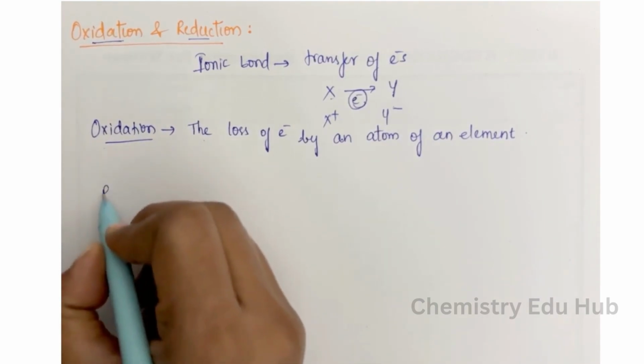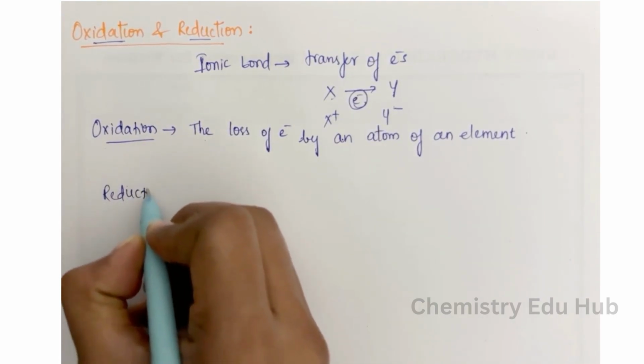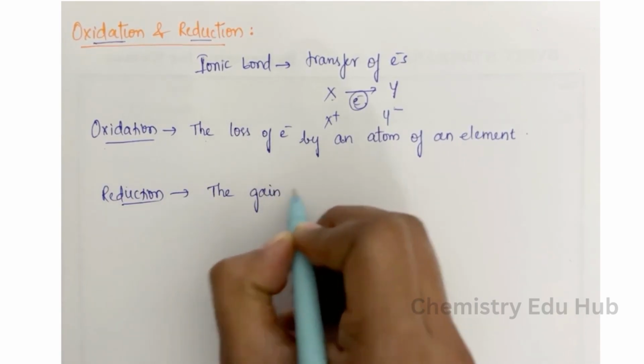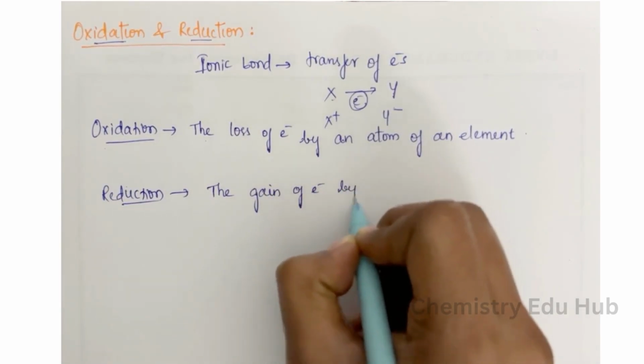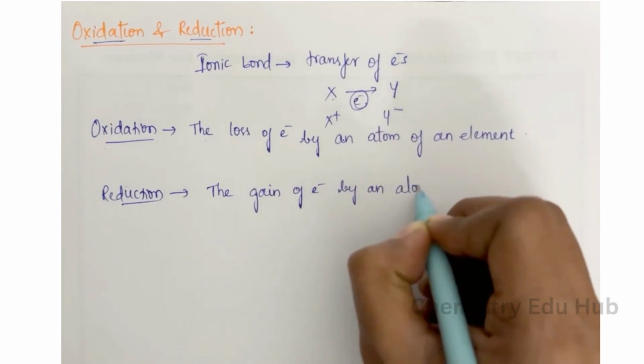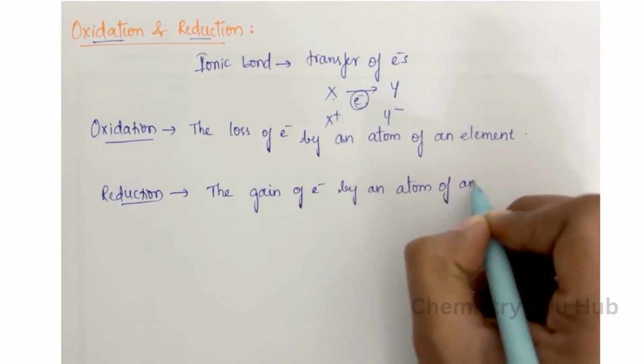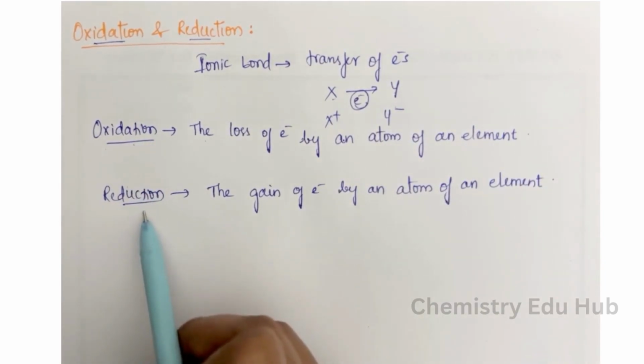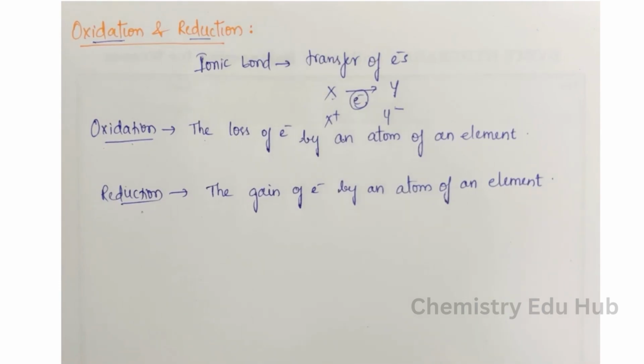What is reduction? Reduction is the gain of electrons. The gain of electrons by an atom of an element is called reduction. So, this oxidation and reduction will happen simultaneously.